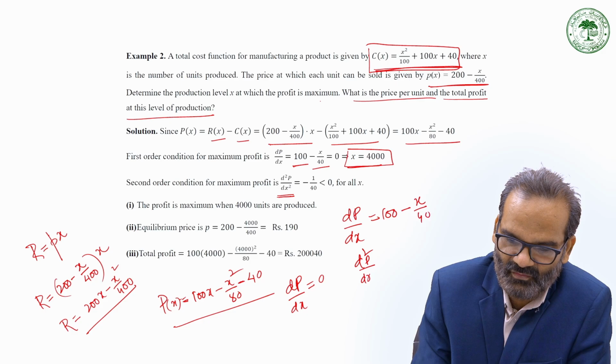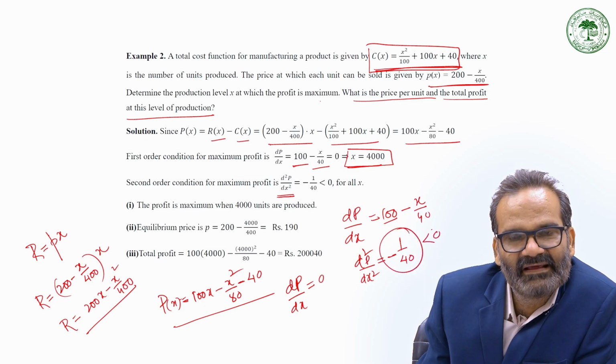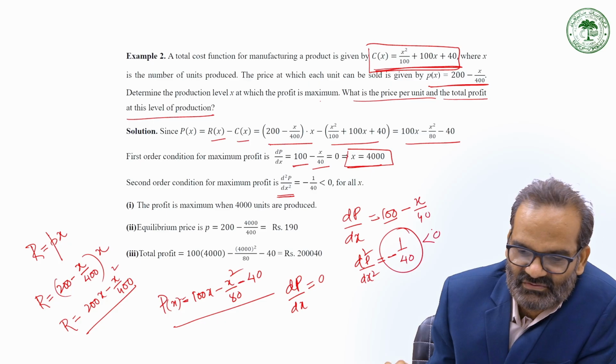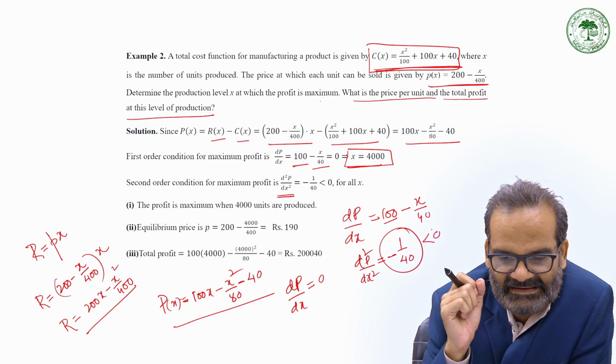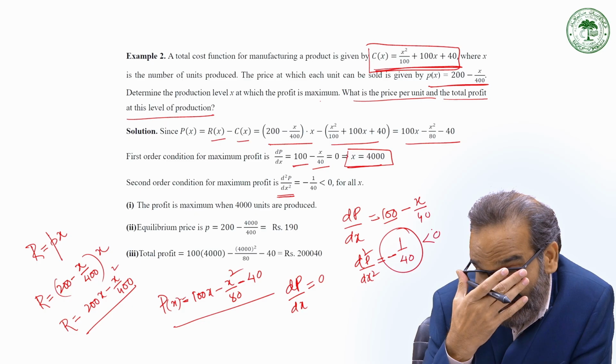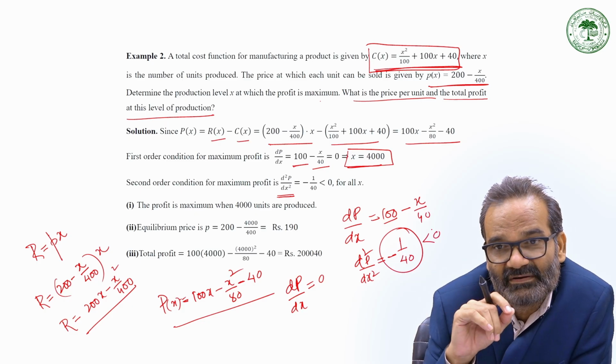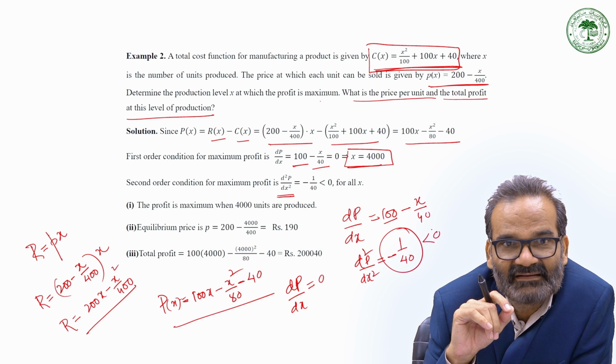The derivative of 100 is 0, and minus 1 upon 40, because the derivative of x is 1. And this is always negative. So at x equal to 4000, the second derivative is negative. So at an output of x equal to 4000, the profit of the firm will be maximum.